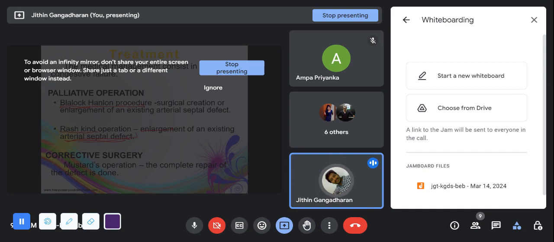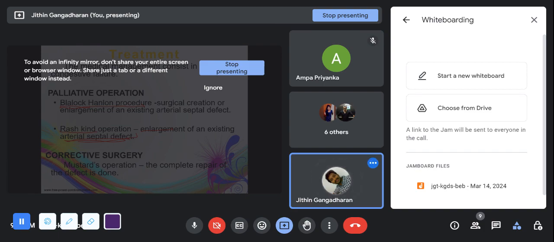We'll just enlarge the septal defect so that there is mixing of blood and the body receives some oxygen. The Blalock surgery is again creating an enlargement in the atrial septal defect. The Blalock and Rashkind procedures are the same, but there is a difference in the approach as well as the size made for the surgeries.